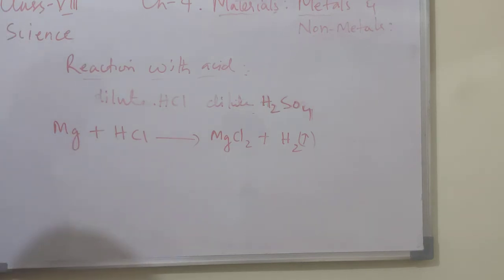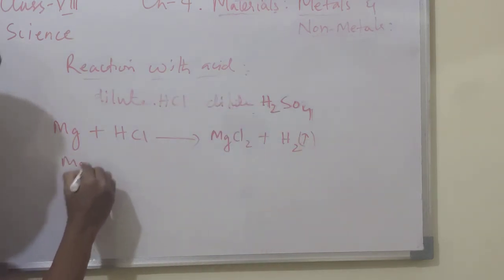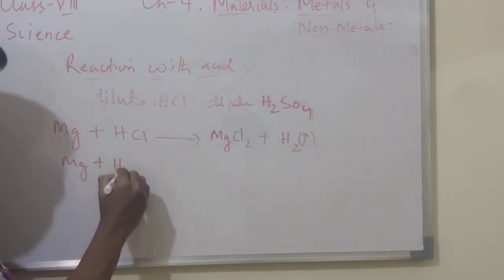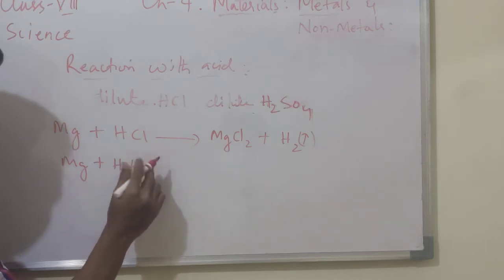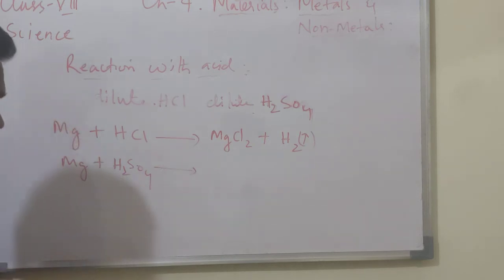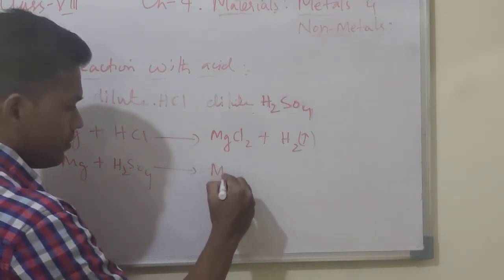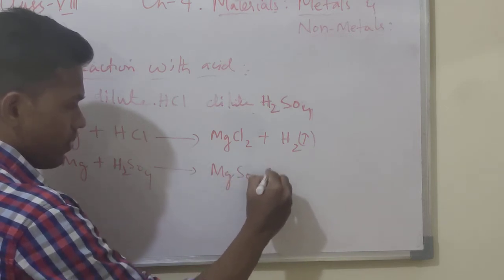Now we'll talk about dilute H2SO4. Magnesium reacts with dilute H2SO4. What happens? It will give MgSO4 plus H2.